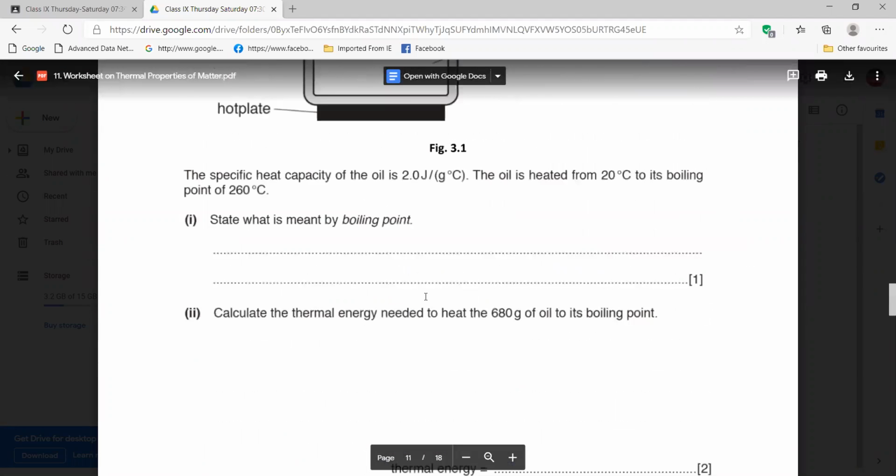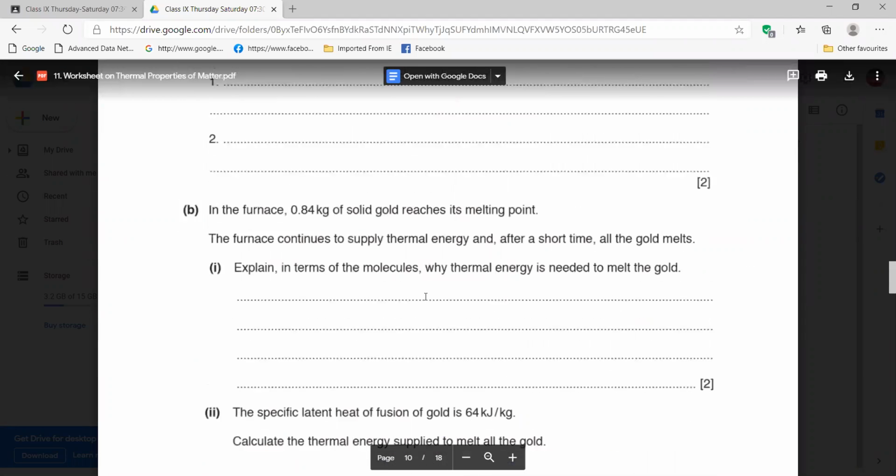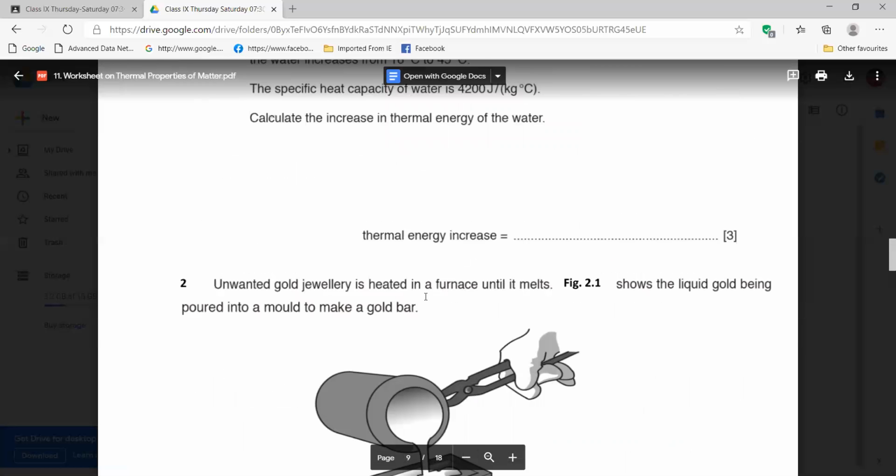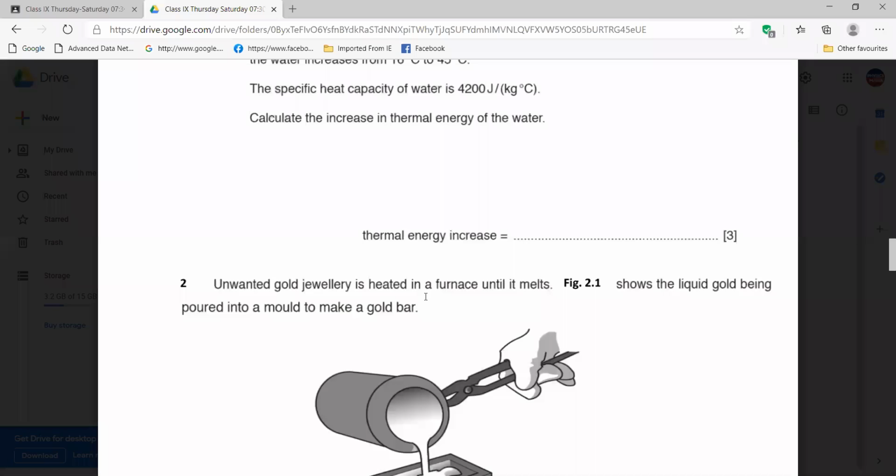Okay, Arabi, you do these two questions at home and give them to me on Saturday. Clear? Yes, sir. Now you have half an hour left.